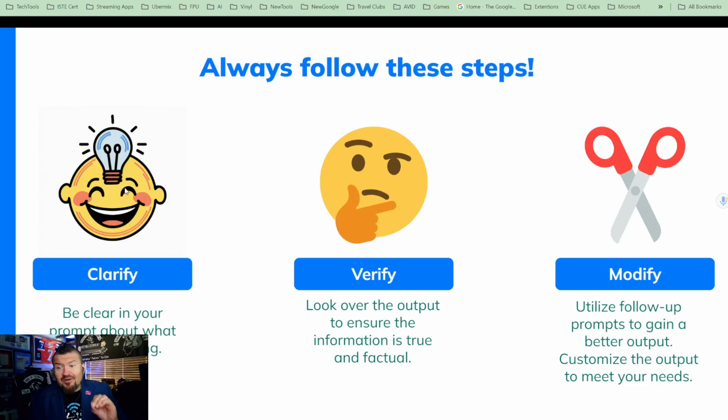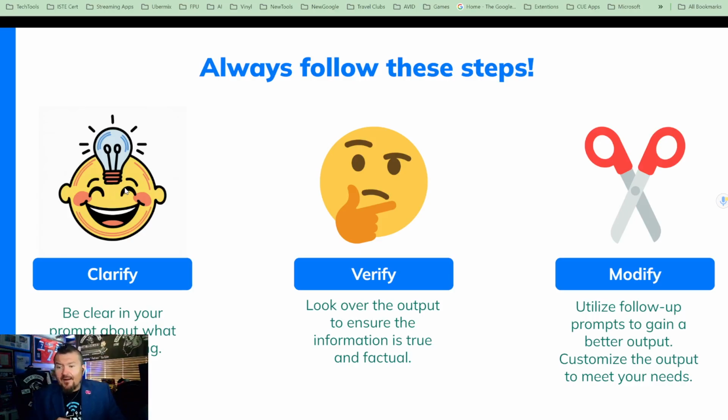And then finally, modify. If the output is not giving you the response that you wanted, you need to do a follow-up prompt to then try to get a better output. Never take the first output. Always do follow-up prompting. That means ask it another question. That means ask it to do something else. Ask it to say, like, I liked the very first paragraph of this response, but the second one, here are some things I did not like.